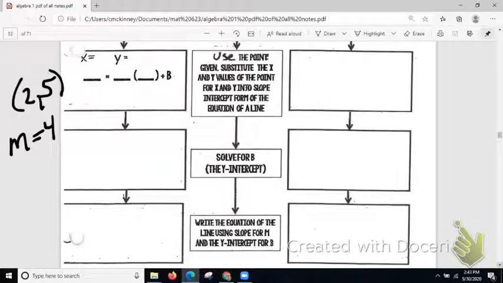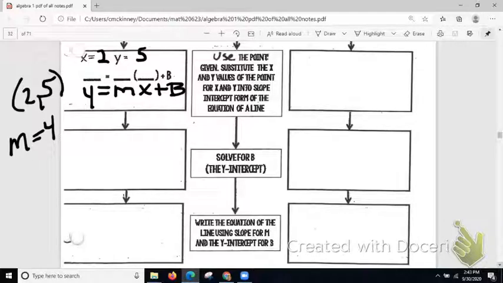Instead of writing this with blanks, I usually write out the equation y equals mx plus b. In this ordered pair, 2 is the x and 5 is the y. So now we're going to plug things in where they belong.